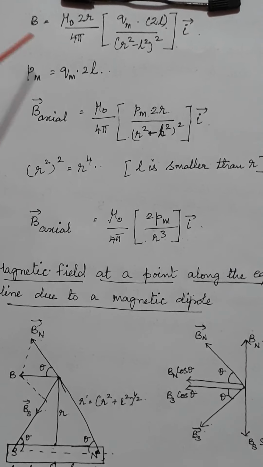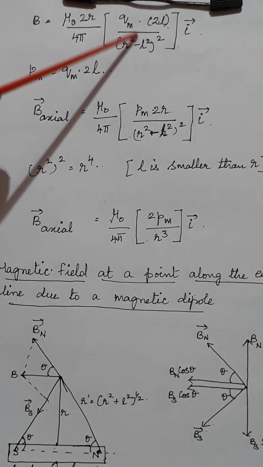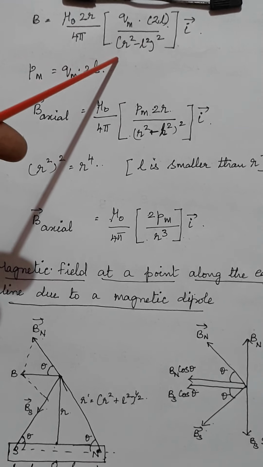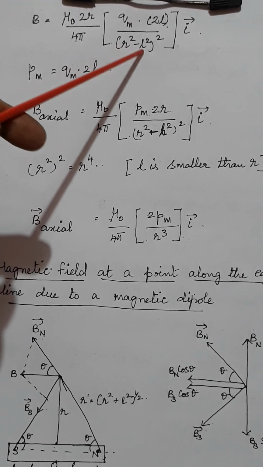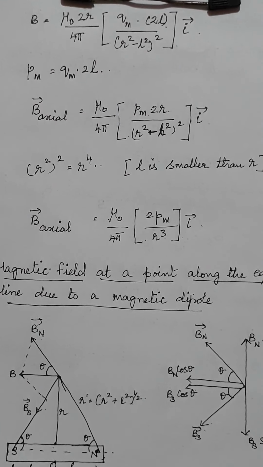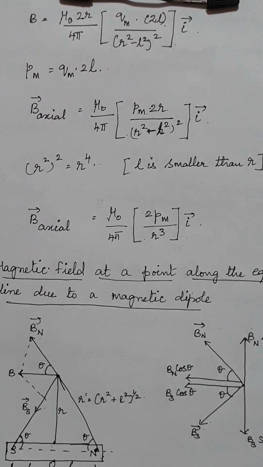So total B will be equal to, where Qm is taken inside, you take an LCM, where the LCM will be r square minus L square the whole square. So what else will remain? Actually only 2r into 2L will remain.